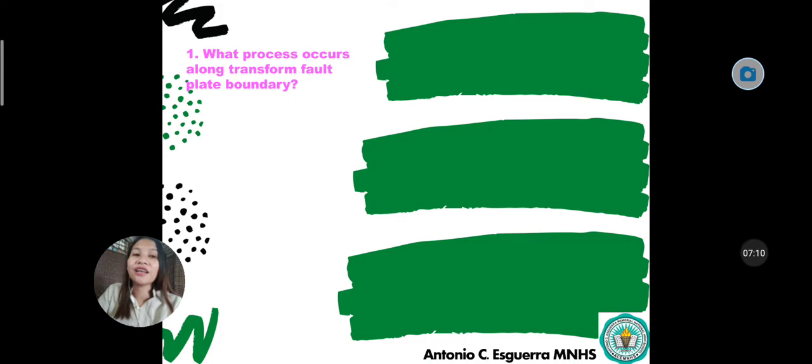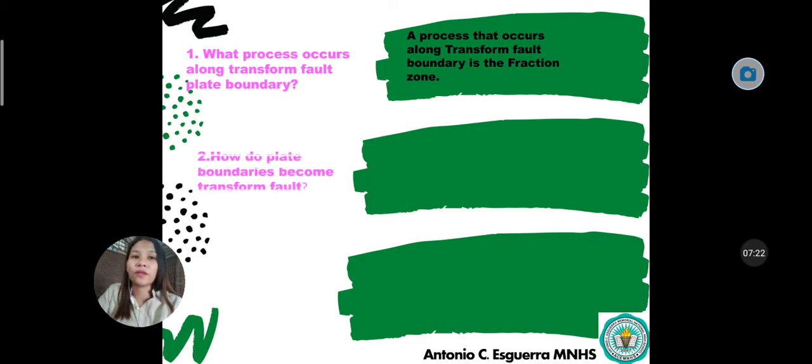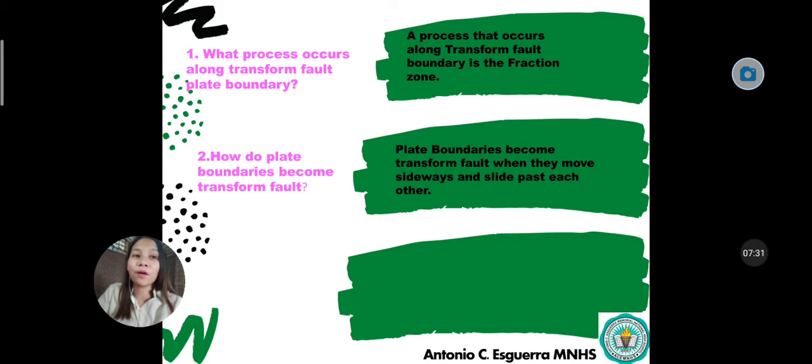Let's answer the second page questions, starting with number 1. What process occurs along a transform fault boundary? The process that occurs is the fracture zone. When does a plate boundary become a transform fault? A plate boundary becomes a transform fault when plates move sideways and slide past each other.